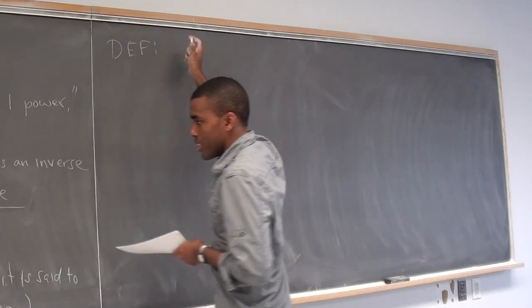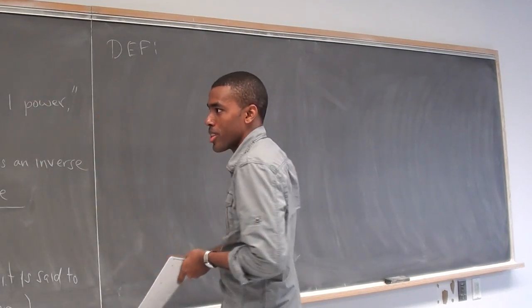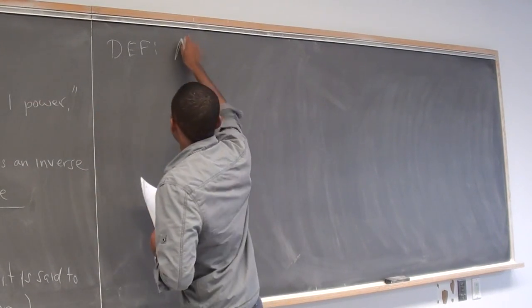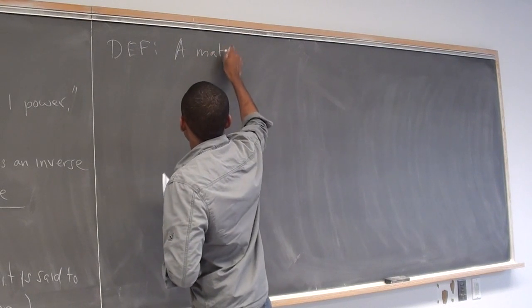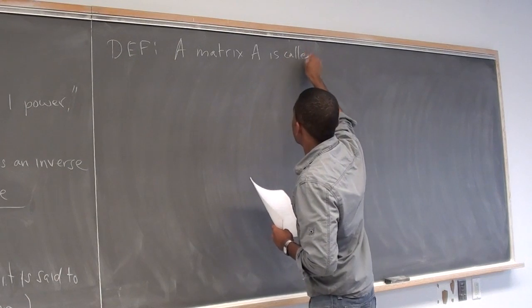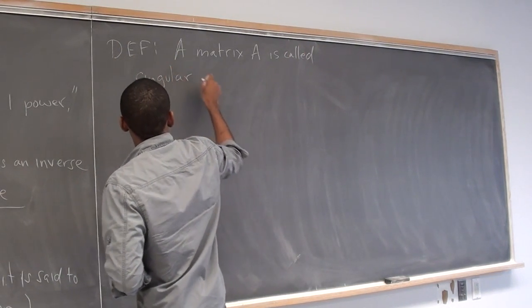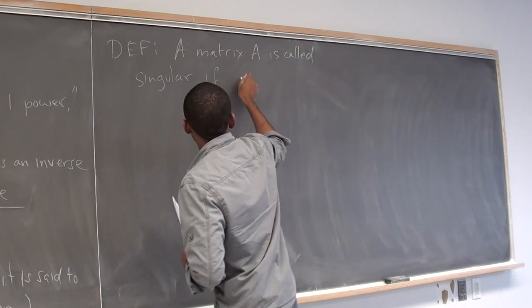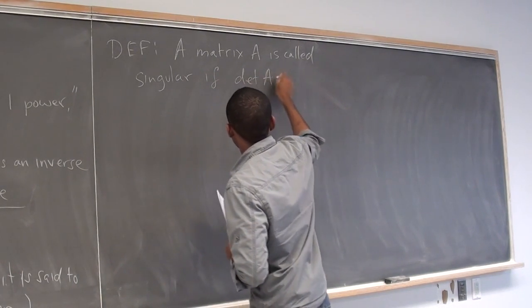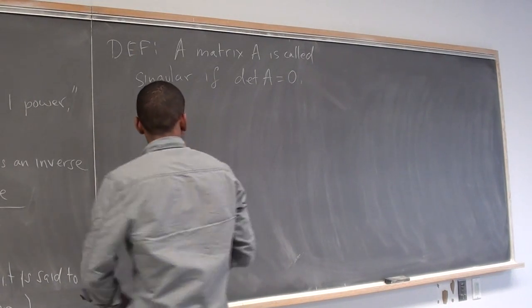Another definition that they introduced, well, when you see this definition, it's going to be obvious what the condition for invertibility is. Matrix A is called singular if the determinant of A equals 0. They also call it singular.